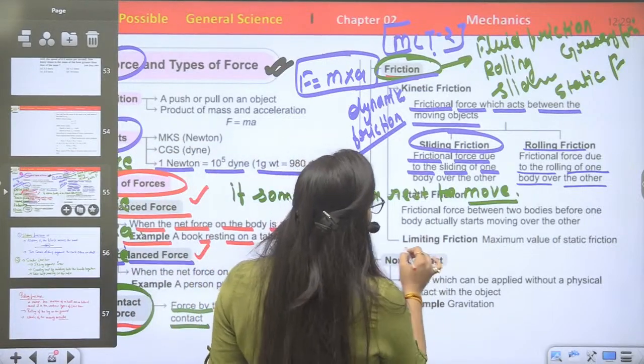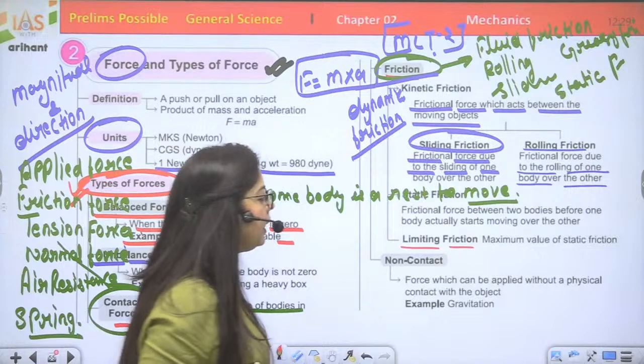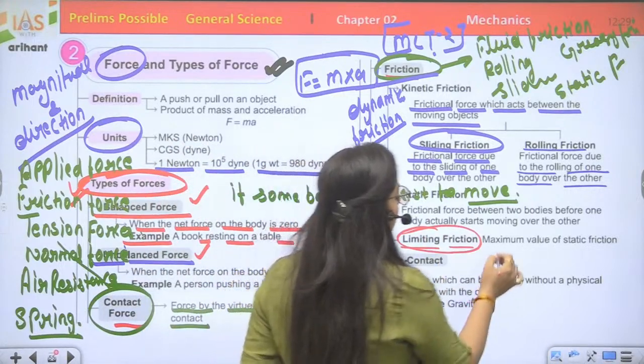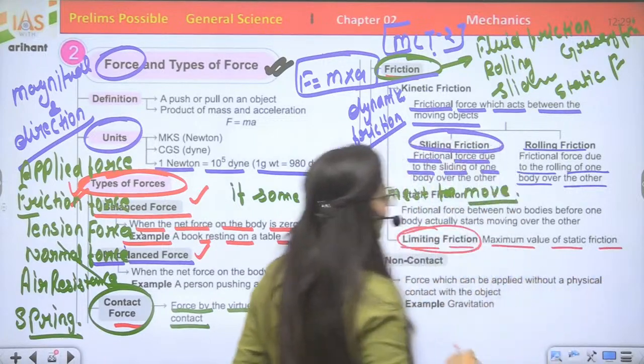Now limiting friction. What is limiting friction? You understand by limiting friction, maximum value of static friction.